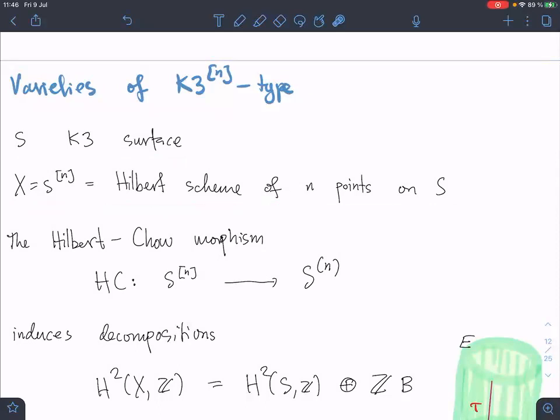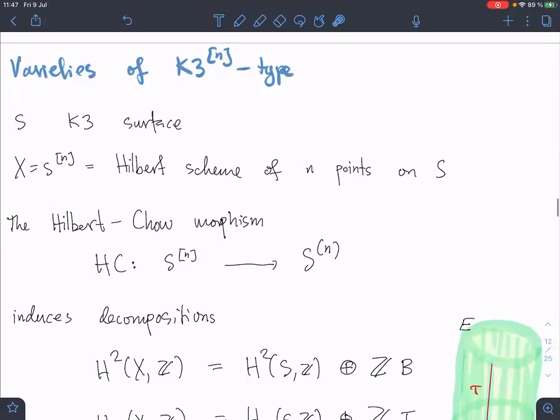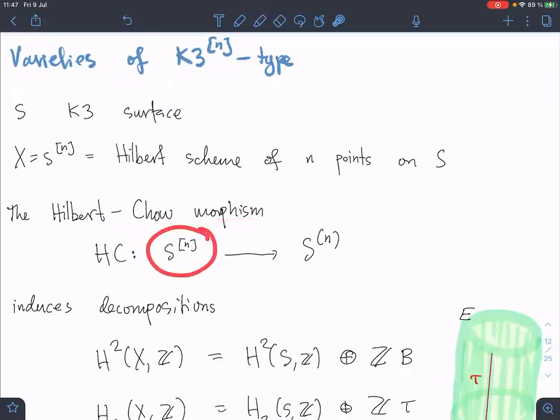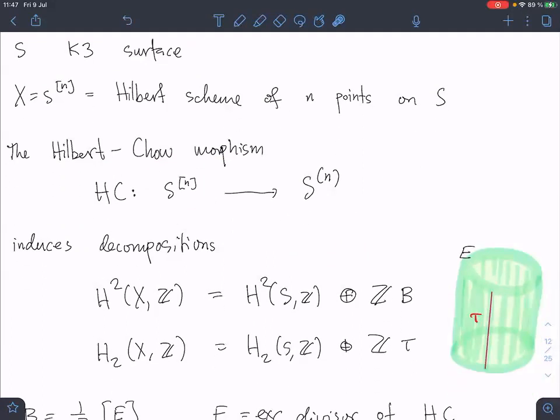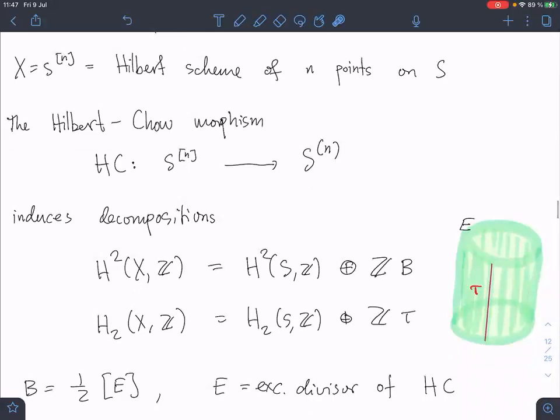So this is an irreducible holomorphic symplectic variety of dimension 2n. There's a Hilbert-Chow morphism, which sends a subscheme to its support, which lies in the symmetric product. And this morphism basically tells you how to study the cohomology of this Hilbert scheme.